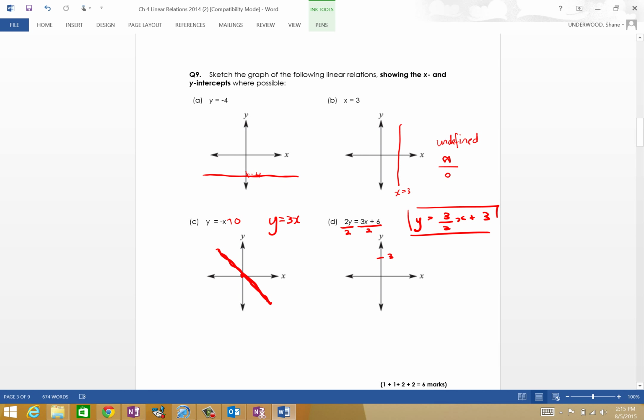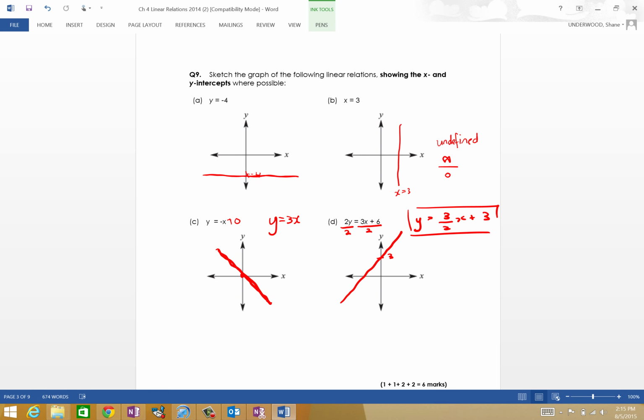Now, in the previous ones, fairly straightforward, but how do we find the x-intercept? What do we do? Does anyone put their hand up? Maggie, how do you find the x-intercept? Is it just the coefficient of the x?